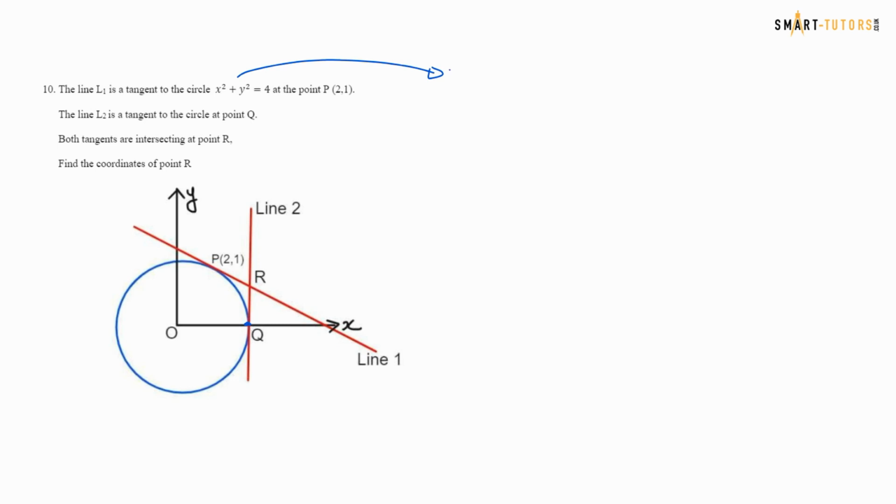The circle is x squared plus y squared equals 4, so the center is 0, 0 and the radius is the square root of 4, which is 2. So the Q coordinate is 2, 0. The vertical line passing through 2 is x equals 2.